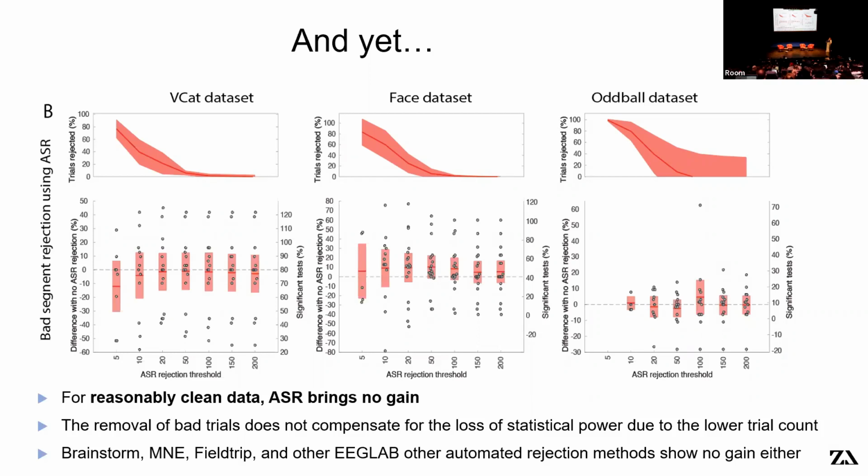It also seems that the removal of bad trials doesn't compensate for the loss of statistical power, because you have a lower trial count, so you have fewer trials to get a significant result, basically. He also checked Brainstorm, MNE, and FieldTrip, and other automated rejection methods in EEG don't show any gain either.